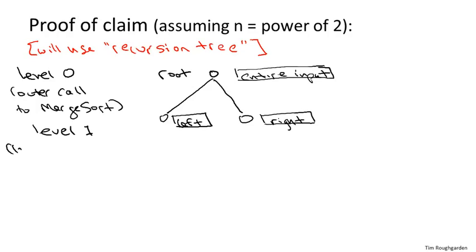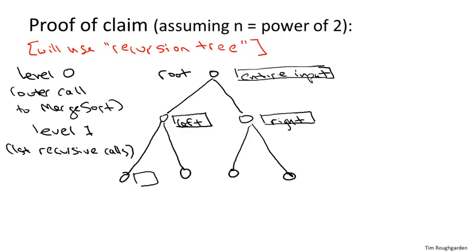Each of these 2 level 1 recursive calls will themselves make 2 recursive calls, each operating on a quarter of the original input array. Those are the level 2 recursive calls, of which there are 4, and this process will continue until eventually the recursion bottoms out in base cases when there's only an array of size 0 or 1.